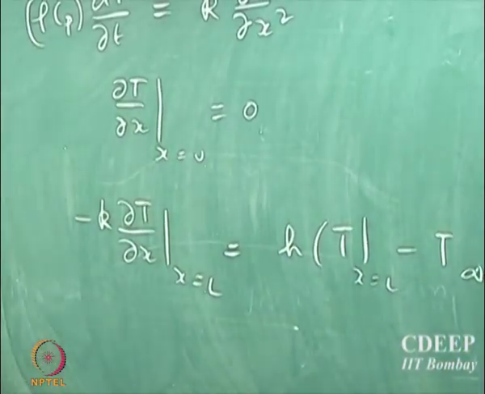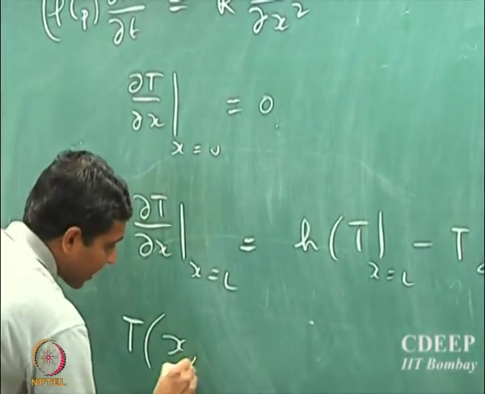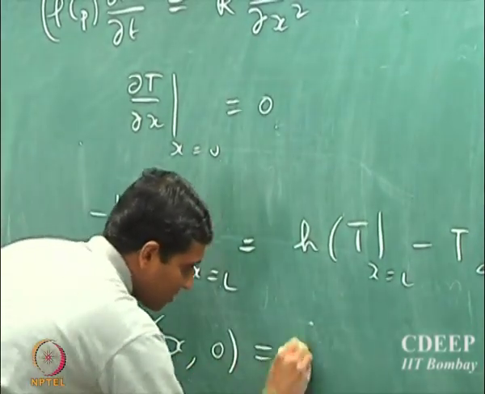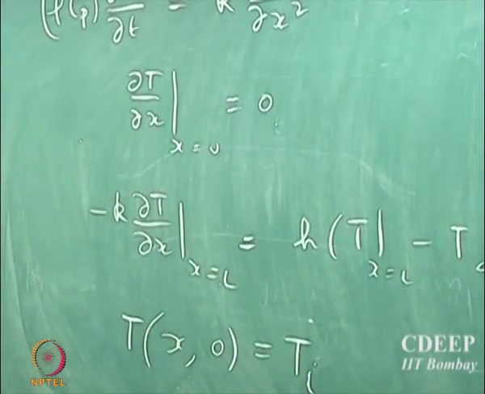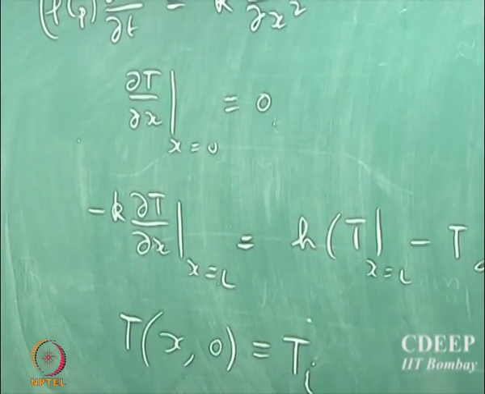That's the boundary condition, and the initial condition will be T at x comma 0 equal to Ti.